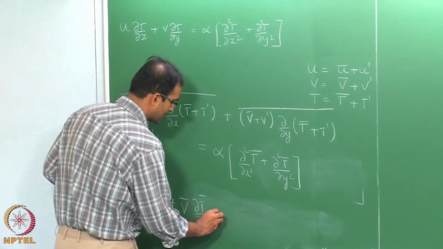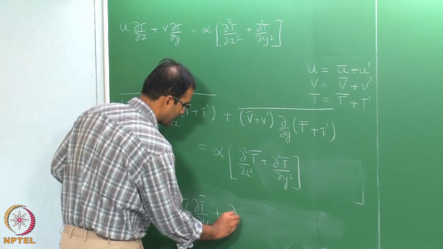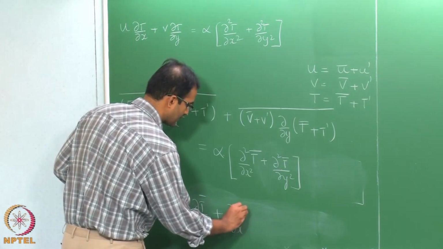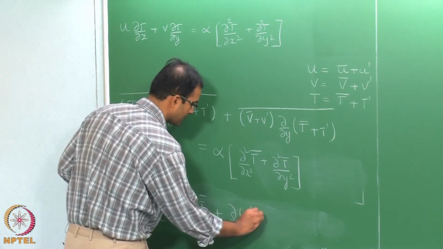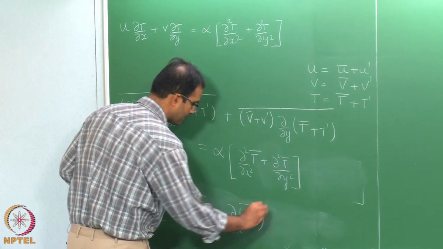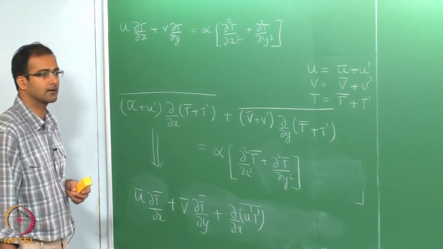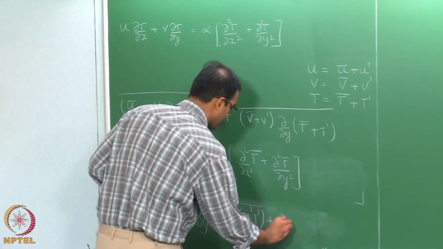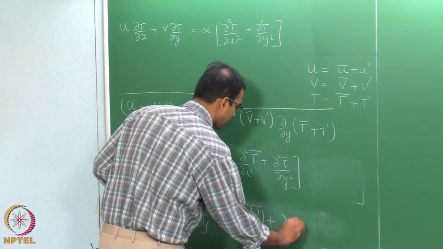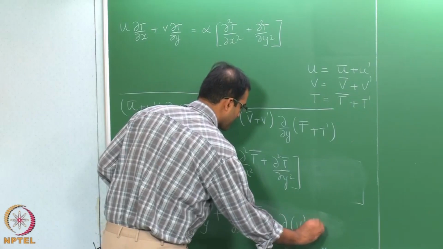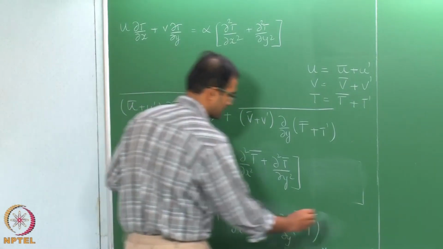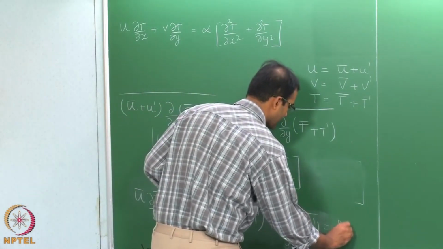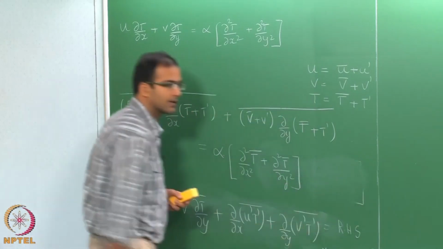On the left hand side you will have d/dx of u prime T prime bar, plus d/dy of v prime T prime bar, equal to the RHS. Is it okay? Clear?